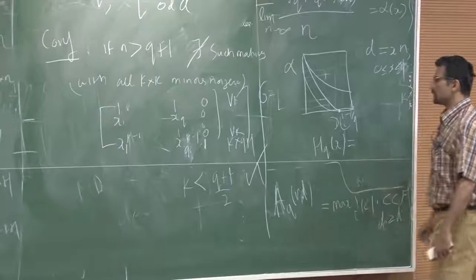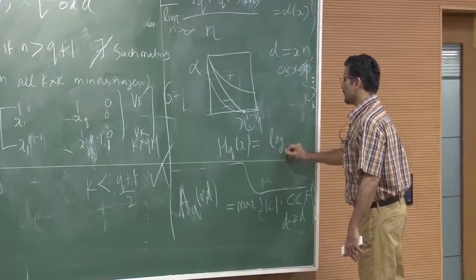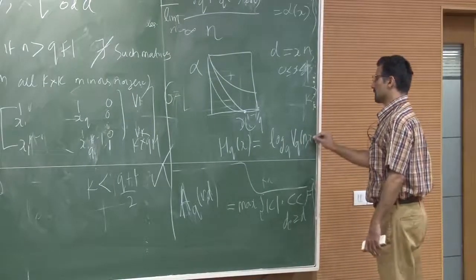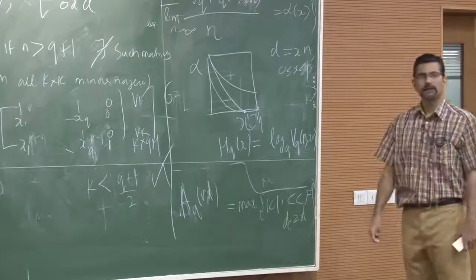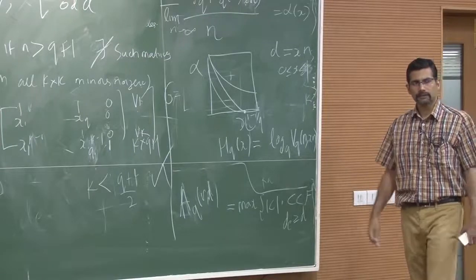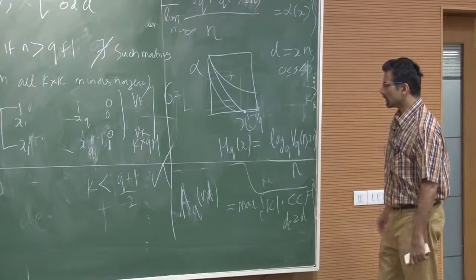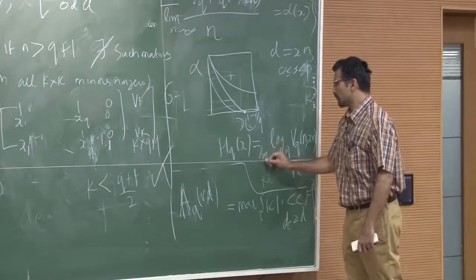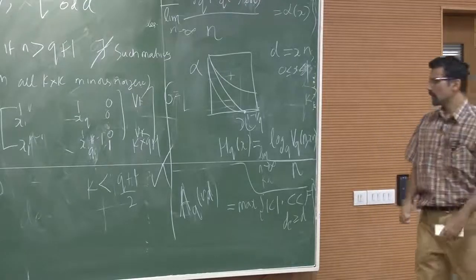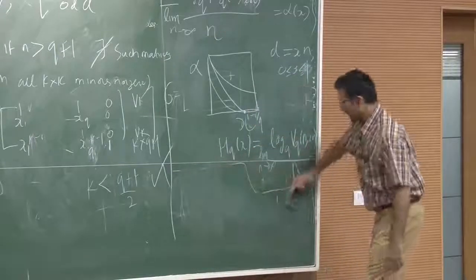I will tell you what this entropy function is. Roughly speaking, I talked about a ball of radius r. Suppose the radius of the ball is x times n, where x is some ratio. You divide by n, and take the limit as n goes to infinity. This is almost true, but I don't have time to fix this.